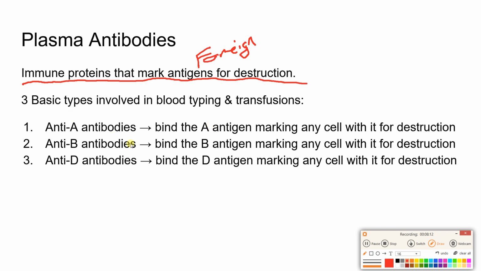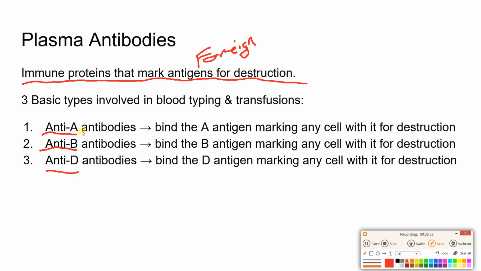Now, just like there were 3 major important red blood cell antigens, for today's purposes, there's 3 major antibodies. There are anti-A's, anti-B's, and anti-D's. Remember, anti means against.